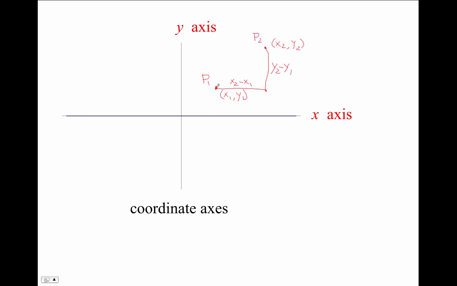Now, if I was to move directly from P1 to P2 like this, that distance, let me call it L, then you see I have a right angle triangle over there, and you know from elementary geometry that L squared is going to be the sum of the squares of the sides of this right angle triangle. So L squared equals (x2 minus x1) squared plus (y2 minus y1) squared. That means that given any 2 points in the xy plane, we are able to find the distance, or rather the square of the distance, in this manner.